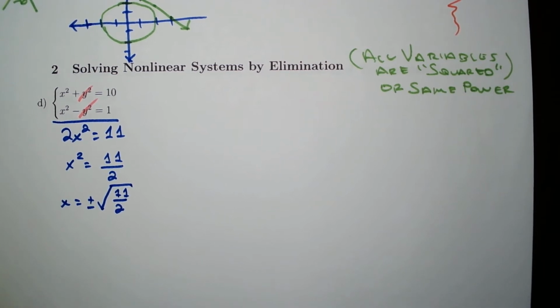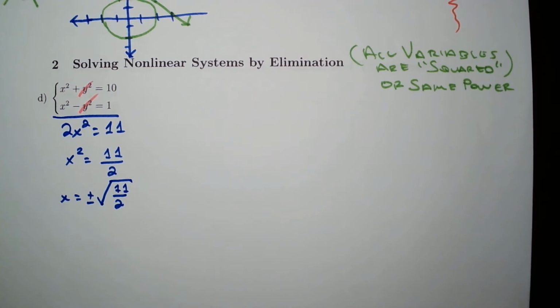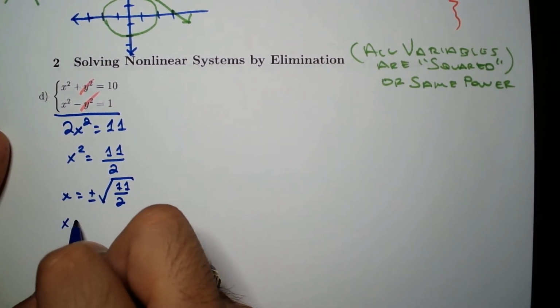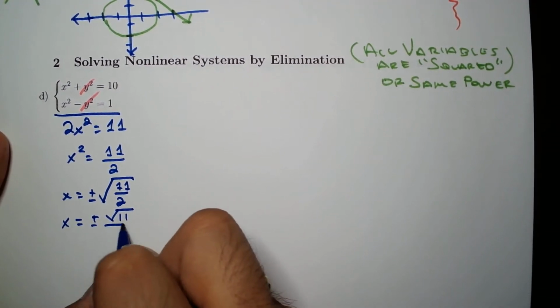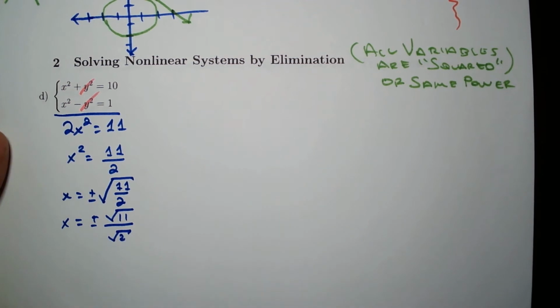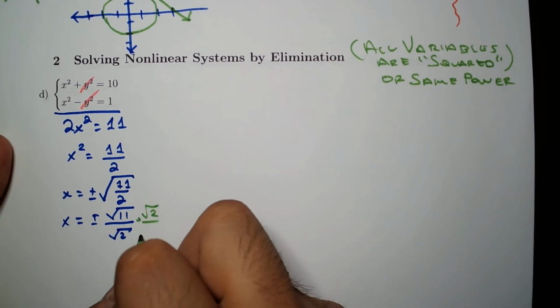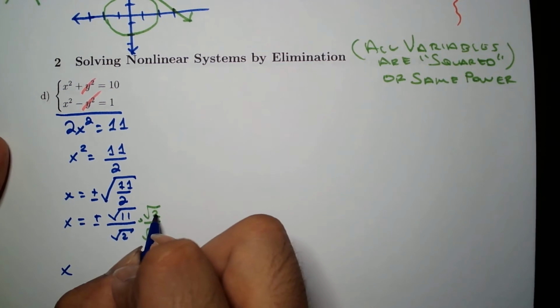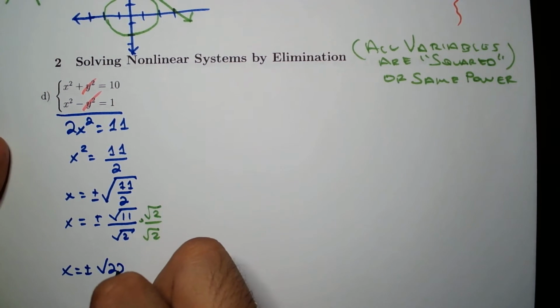All right. And then, you may not want to work with numbers like this, so you want to rationalize denominators. You may not want to work with radicals in the denominator, so that's x equals plus or minus the square root of 11 and the square root of 2 divided by the square root of 2. And to rationalize the denominator, that's going to give us x equals the square root of 11 times the square root of 2. That's the square root of 22.